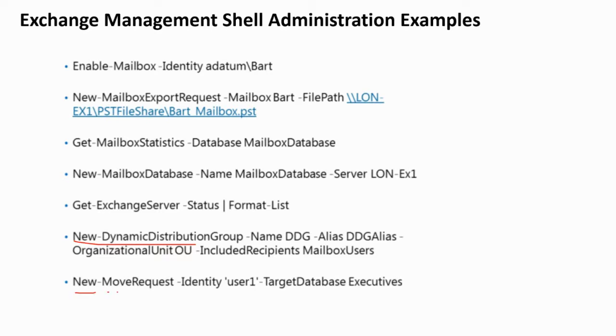This command creates a move request for the mailbox associated with the alias user1 to the mailbox database named executives. So we'll change the mailbox associated with the alias user1 to the mailbox database named executive.